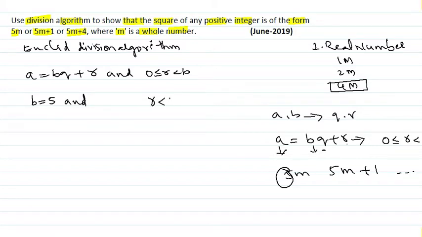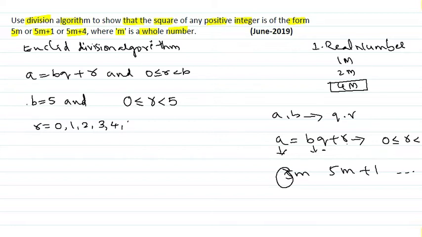What is the b value here? 5. So r must be less than 5 and greater than or equal to 0. Now from this condition the r values are 0, 1, 2, 3, 4. It is less than 5, so don't write the 5. So the r values are 0, 1, 2, 3 and 4.